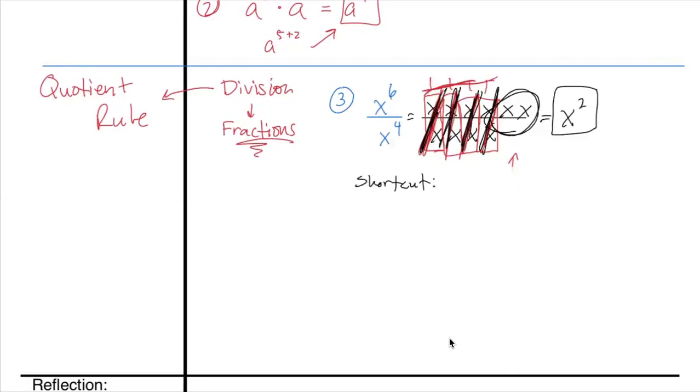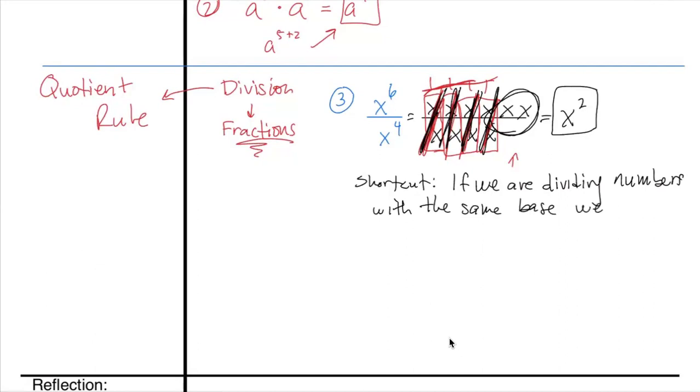Good, the shortcut with the quotient rule says if we are dividing numbers with the same base, we subtract the exponents. So product rule we add, quotient rule we subtract. Go ahead and write those down.